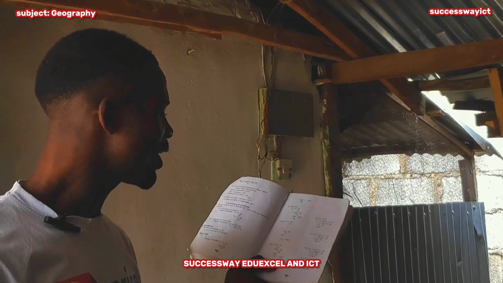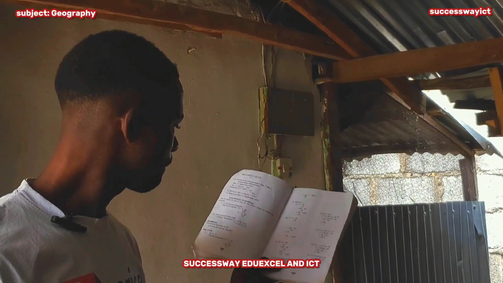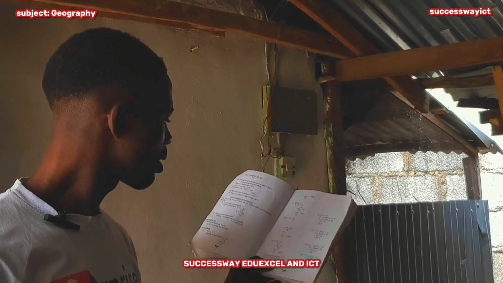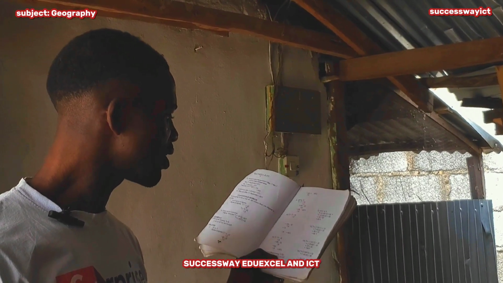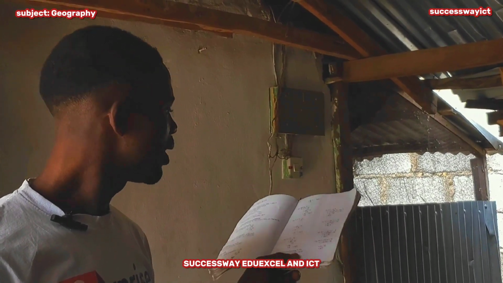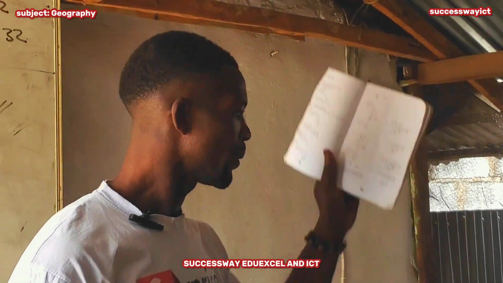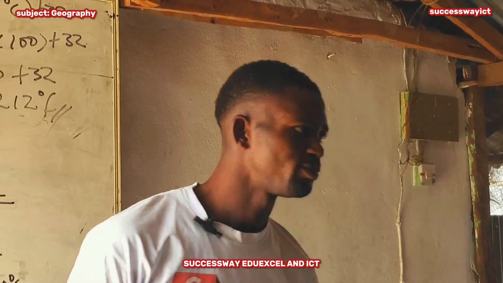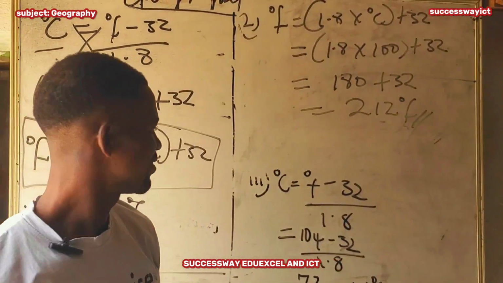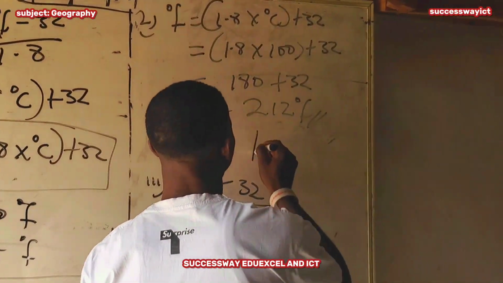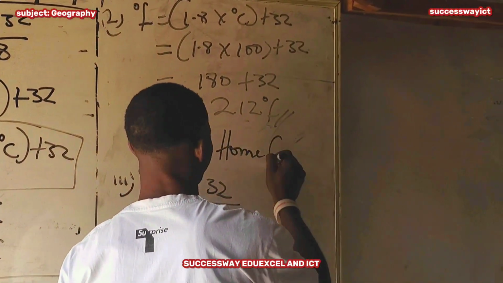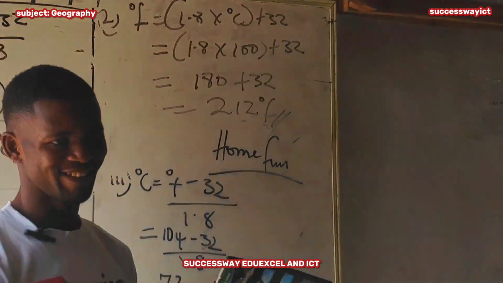Number 2, 20 degrees centigrade. Number 3, 40 degrees centigrade. Number 4, 30 degrees centigrade. Go and have fun at home. Now make it 5. Have your own. Now make it 5.